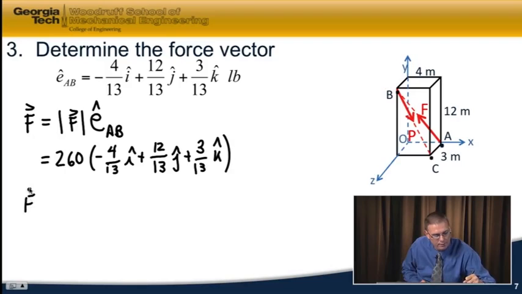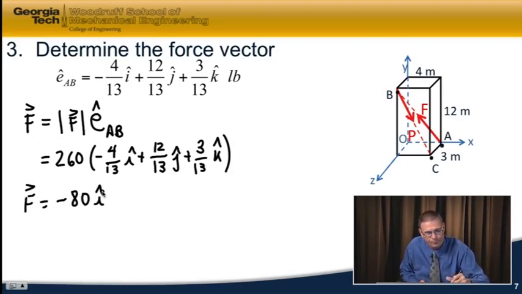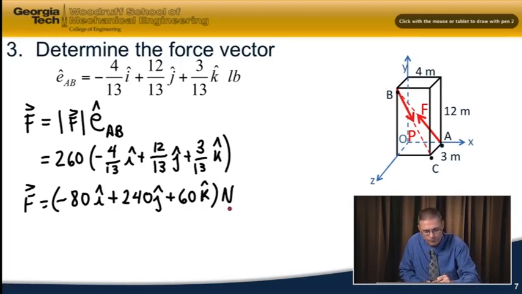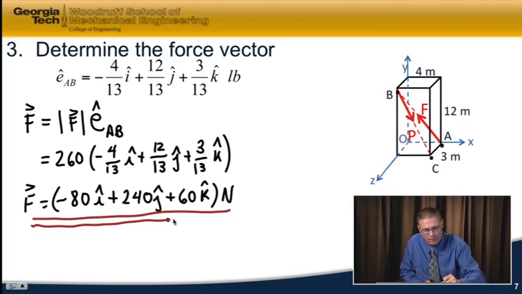And so F equals 4/13 times 260 is -80 i. 12/13 times 260 is plus 240 j. And then 3/13 times 260 is plus 60 k. So we have magnitude now, we have direction, and the last thing we need to put on here is units, and since we're in the SI units, this is newtons. So that's how I represent the force F in 3 dimensions.